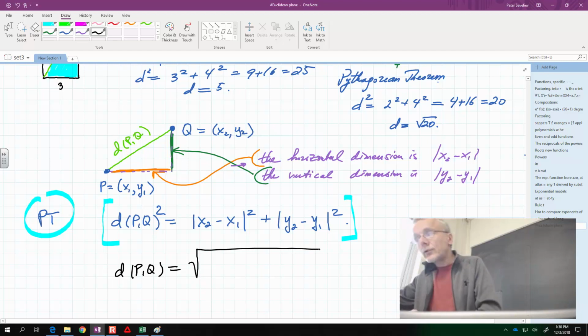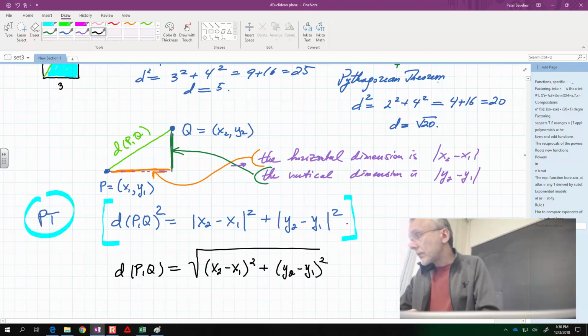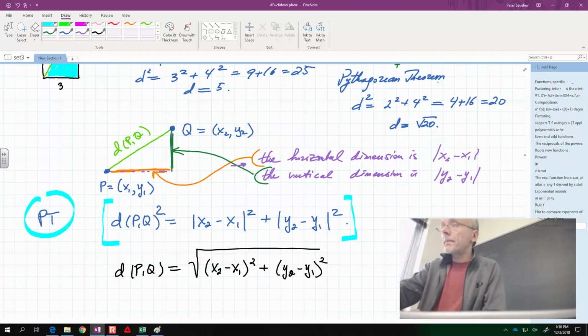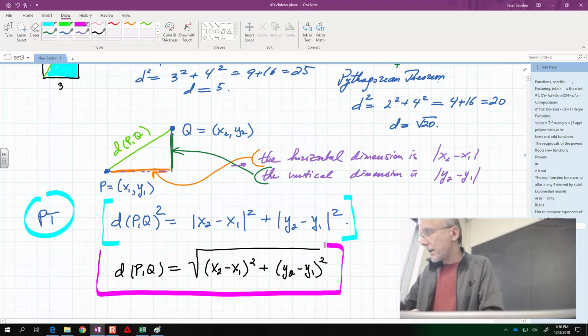And in these 2 expressions, we usually drop the absolute values. Why do we drop the absolute values? Right, it doesn't matter. It's called the distance formula.